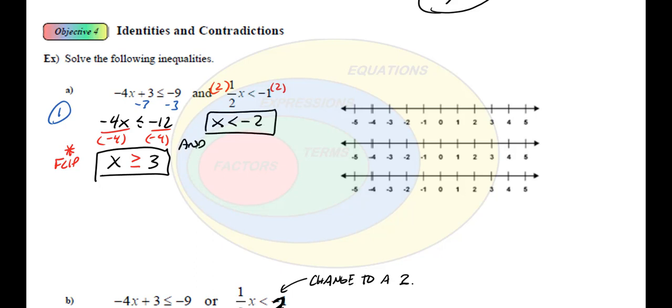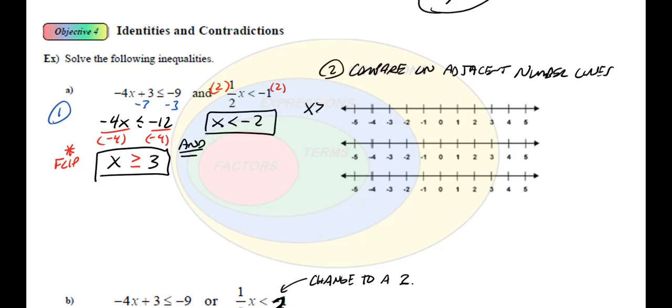So I'm looking for an and. Again, we're going to graph these on adjacent number lines. The first one, x greater than or equal to 3, would be everything greater than or equal to 3. And then x less than -2: -2 is here, it's an open circle to the left.